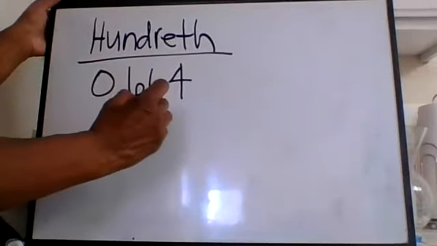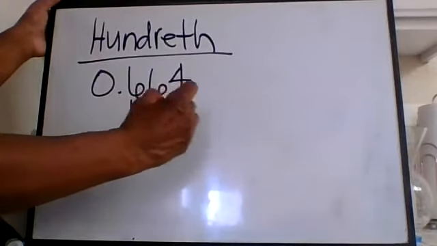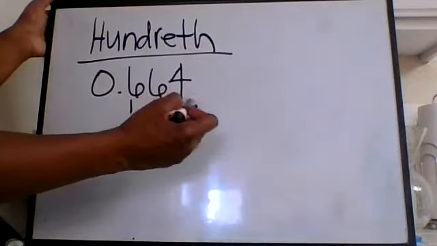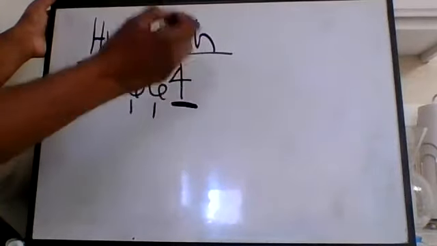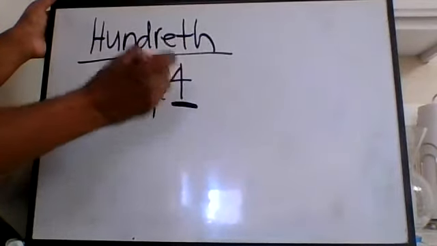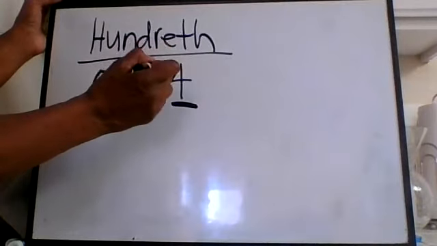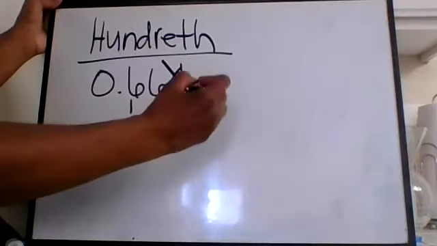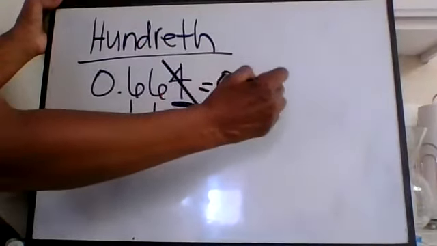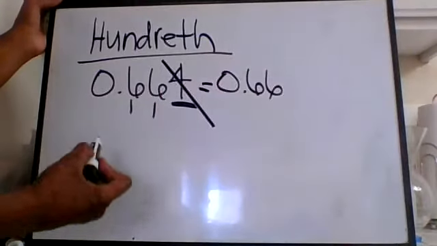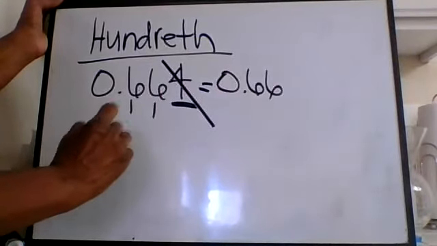This is tenths, hundredths place. So we look at the thousandths place. The number is less than 5, so all of this comes off, right? So the answer is 0.66.